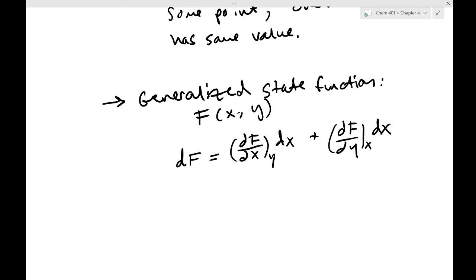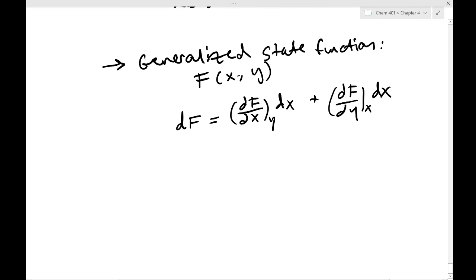Now the next question I want to ask is, can we determine the simultaneous change in f with respect to both x and y?